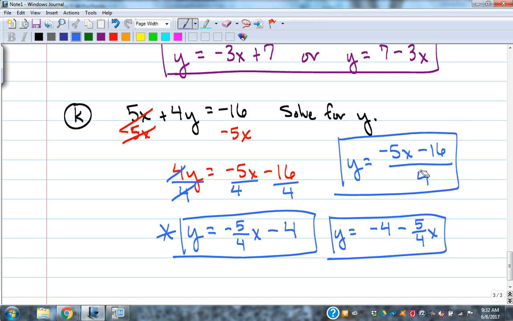Like, if you had 5x minus 13, it's very likely that it'll be written that way because 4 won't go into either of them. The reason that it's more likely to be the way that I put the star beside here is because 4 did go into one of those. Usually when one of them is divisible by the number you're dividing by, they'll write it this way. If it's not divisible, they'll write it that way a lot of times.